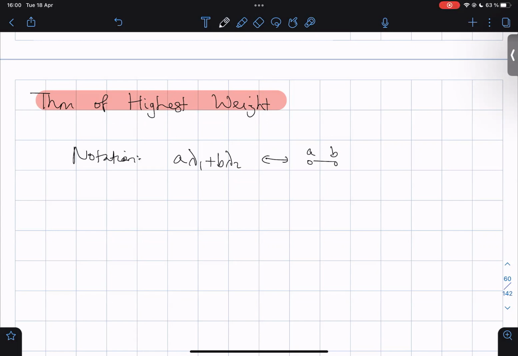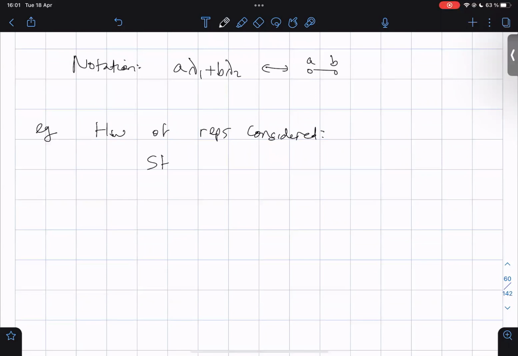For example, highest weights of reps considered: standard, dual standard, adjoint. So this is 1, 0; 0, 1; 1, 1.